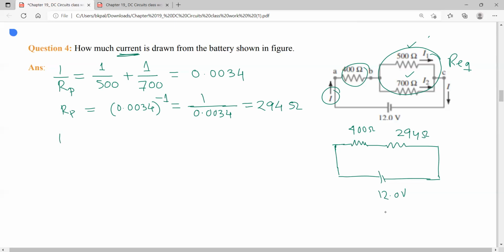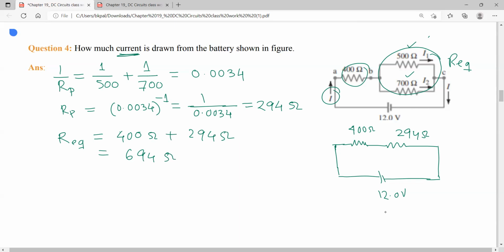Now you see it's a simple circuit, and 400 ohm and 294 are connected in series. So the equivalent resistance will be 400 plus 294, which is equal to 694 ohms.